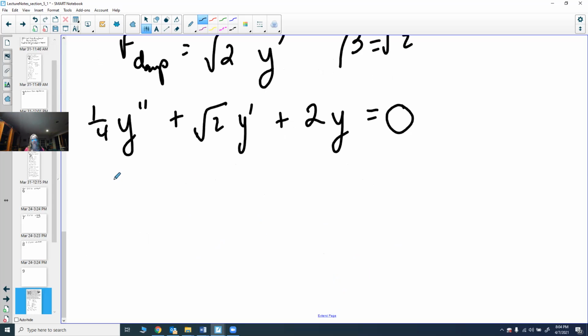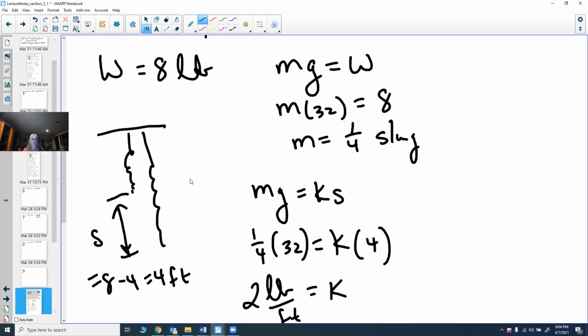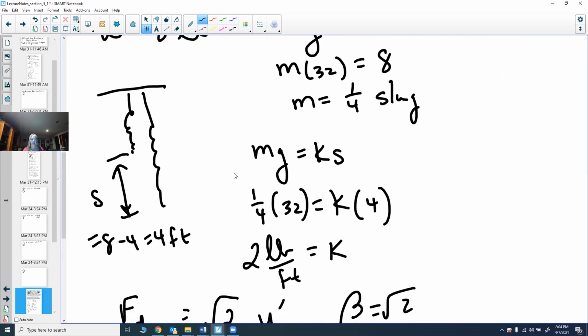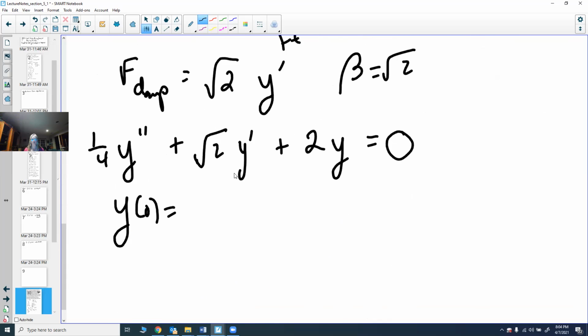Let's see if we can get to the initial value problem. What is my position at time 0? Let's go back up to the problem and see where it was initially. We're told it's being released from equilibrium, and x is our distance from equilibrium, so initially we're at 0 feet.